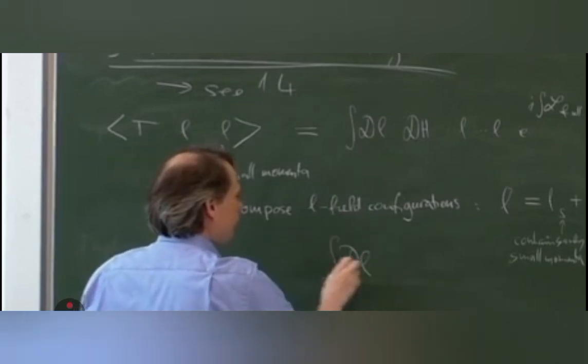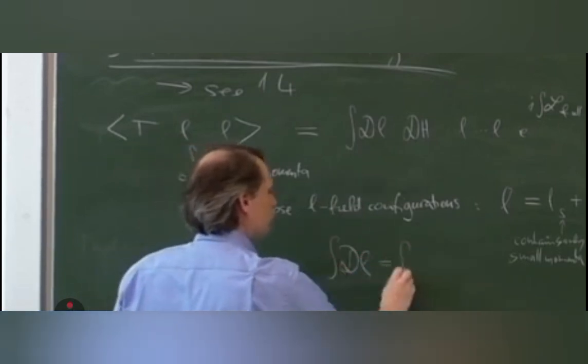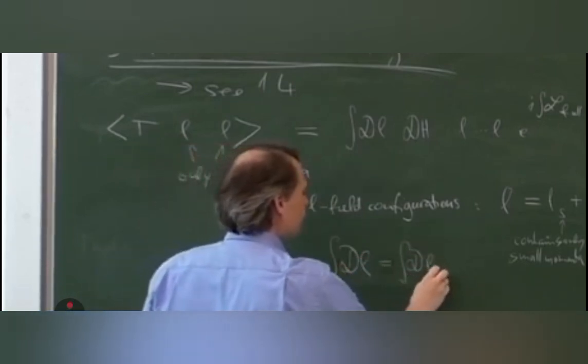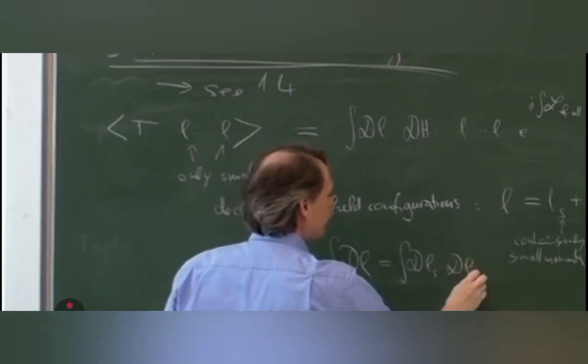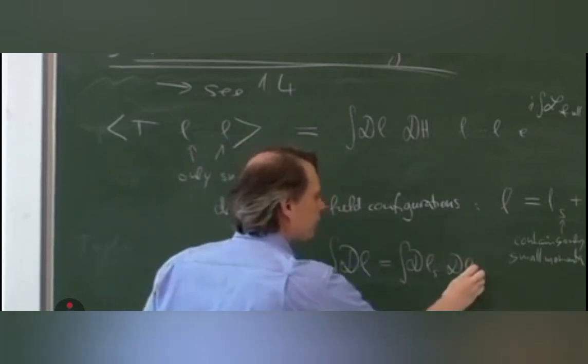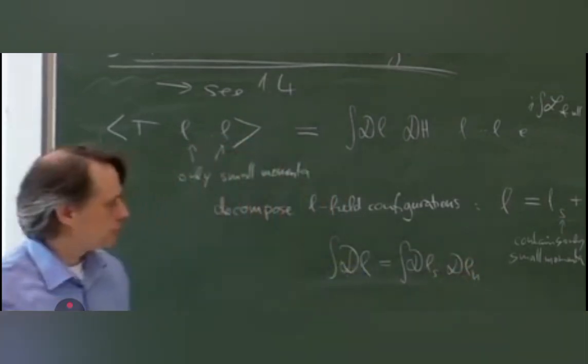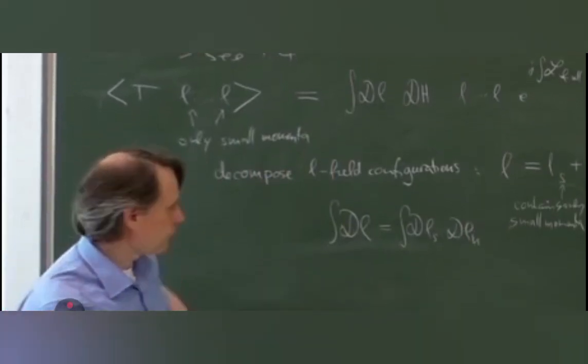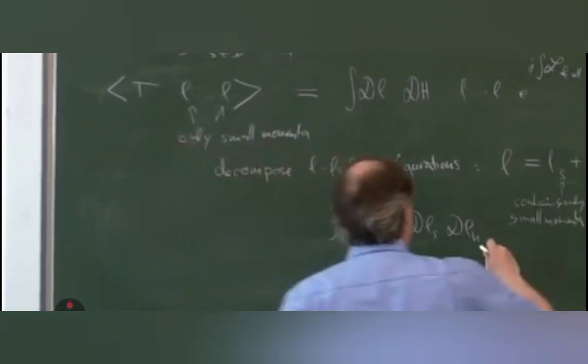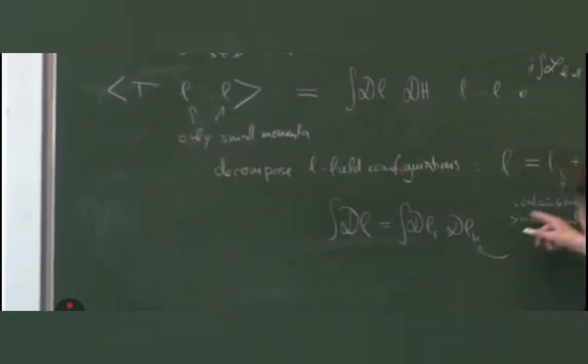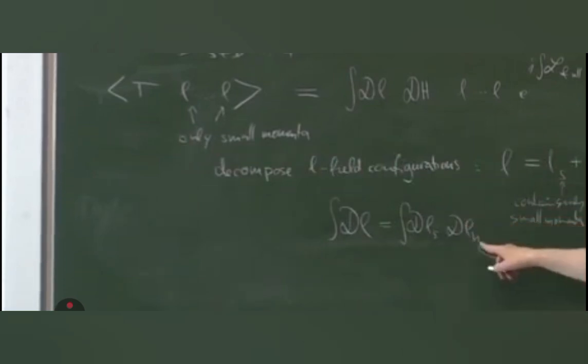The integral over L will become an integral over all soft field configurations times all hard field configurations. And then this corresponds to propagators of the light field, and here in the propagator there flow large momenta, here there flow small momenta.